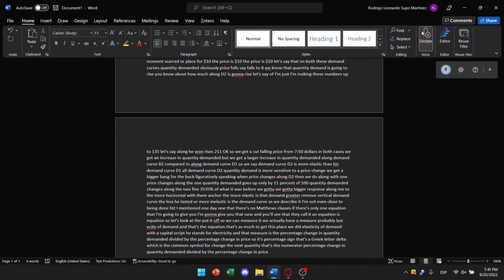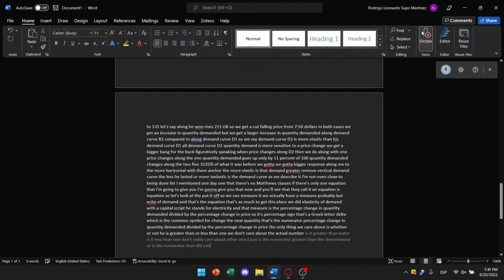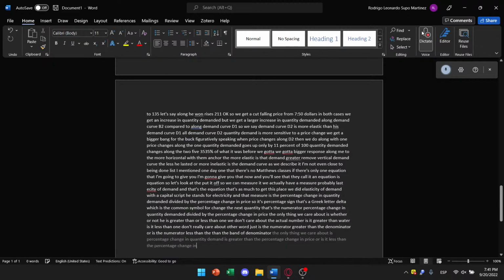The only thing we care about is whether or not E is greater than or less than 1. We don't care about the actual number. In other words, is the numerator greater than the denominator, or is the numerator less than the denominator? The only thing we care about is whether the percentage change in quantity demanded is greater than the percentage change in price, or less than the percentage change in price.